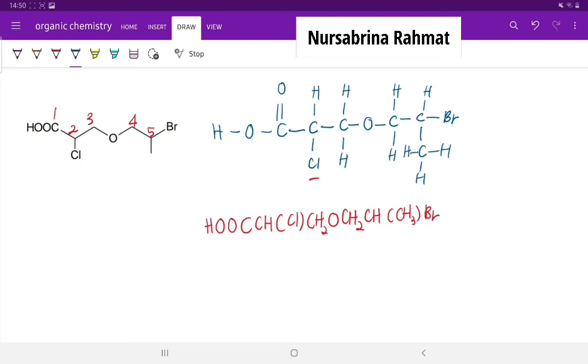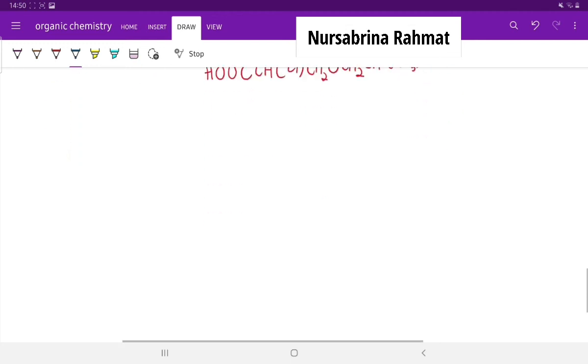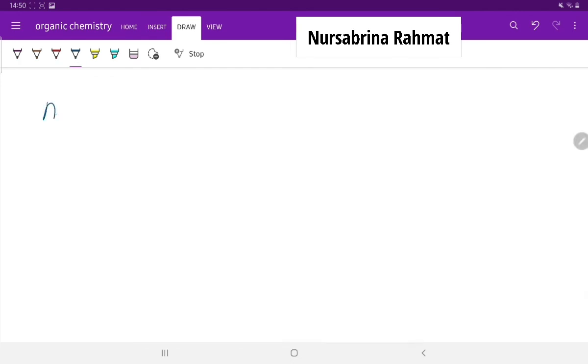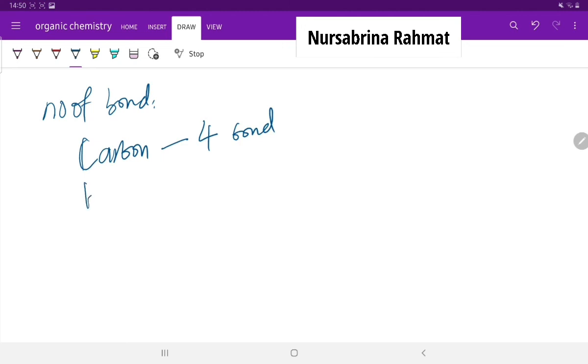It will be very easy for you to do the structural formula if you understand how many bonds an atom can make. The number of bonds is different for different atoms. For carbon, there should be 4 bonds. Whereas hydrogen can only form 1 bond with another atom.